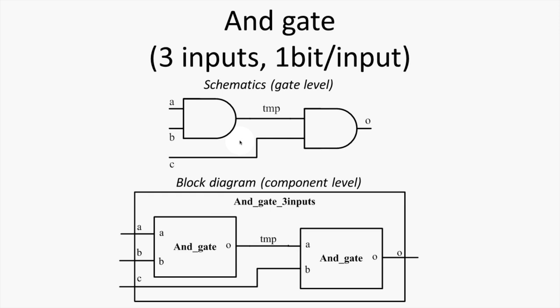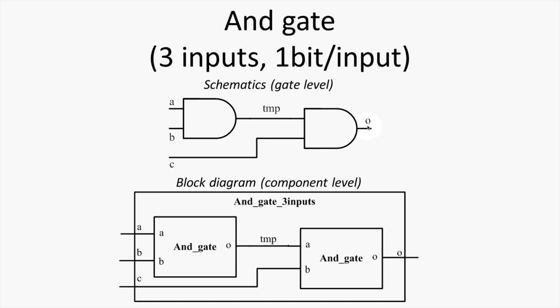We can achieve that very simply by chaining 2 AND gates together. So in the first AND gate I'm going to have the first 2 inputs A and B. The result of this one is going to be sent to the second AND gate that is going to be ANDed with C. And the output is going to give us the output of the 3-input AND gate.